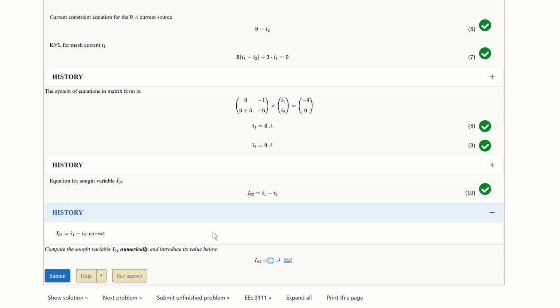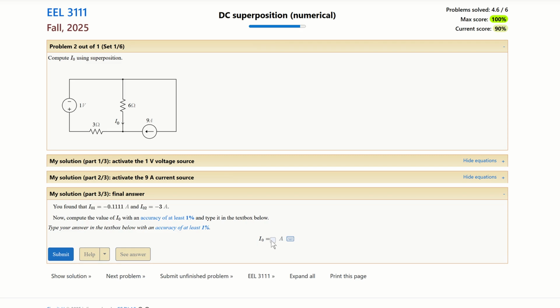So now we do it numerically. You just plug and chug. 6 is I1, subtract 9. There we go. So now we're back full circle, back to our final answer.